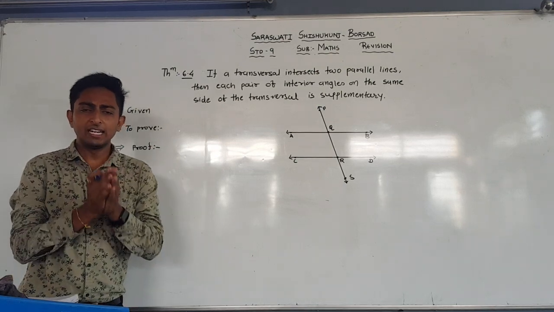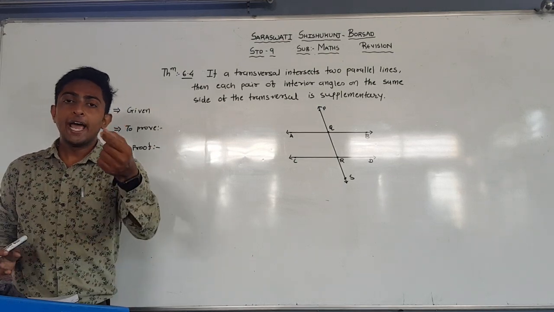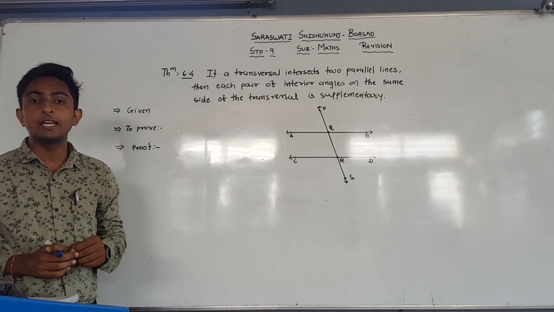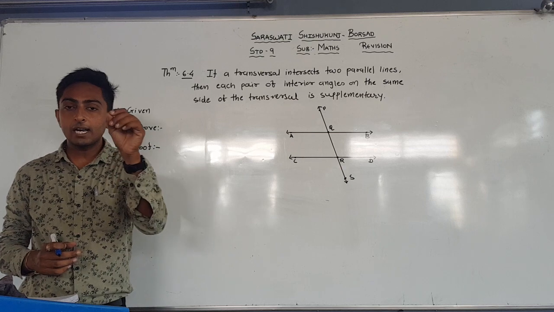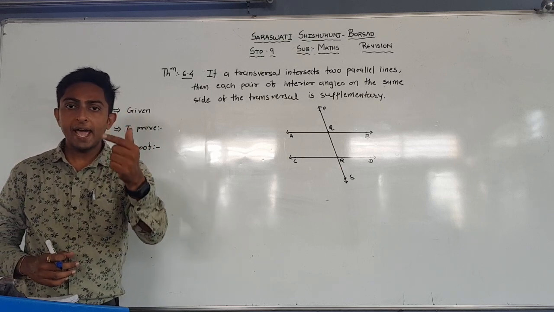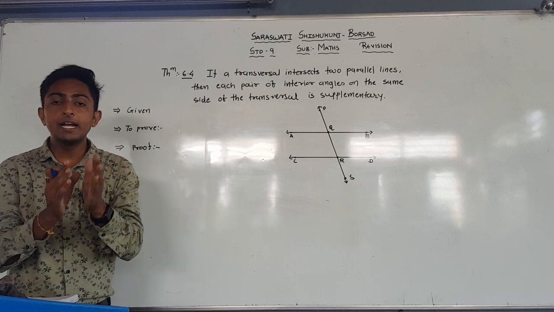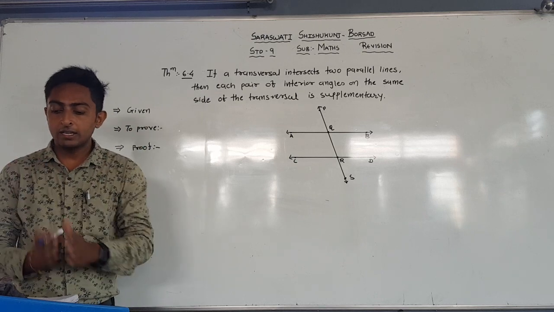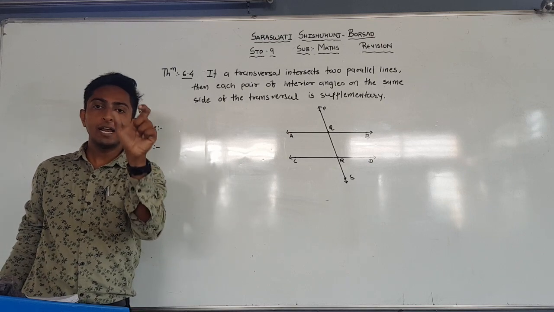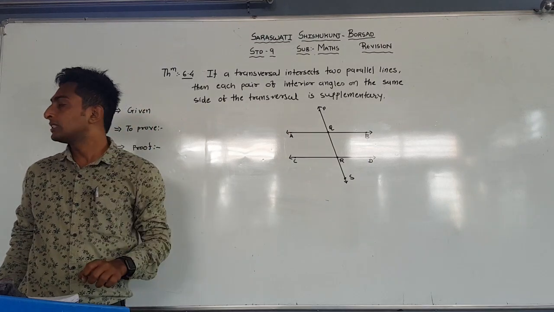Before we start theorem number 6.4, I repeat theorem number 6.3. The statement of theorem number 6.3 tells us if a transversal intersects two lines such that a pair of alternate interior angles is equal, then the two lines are parallel.